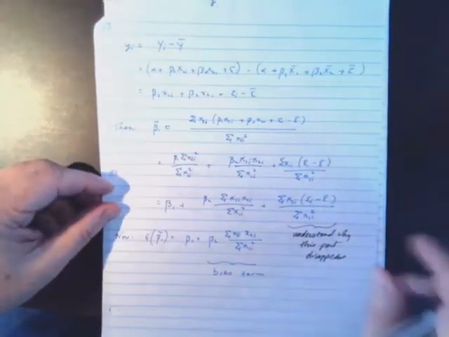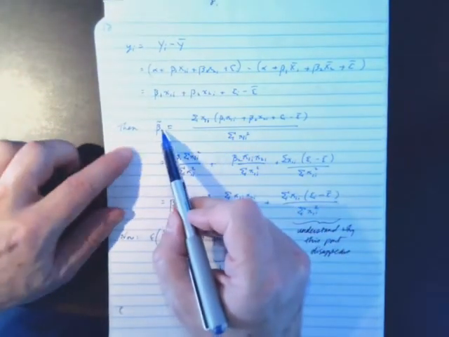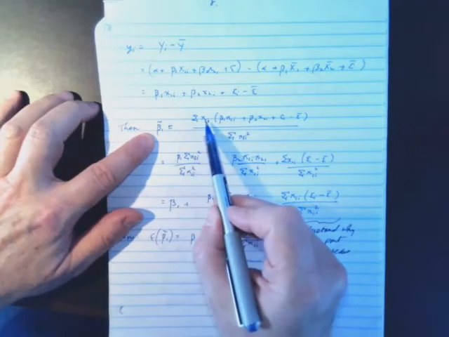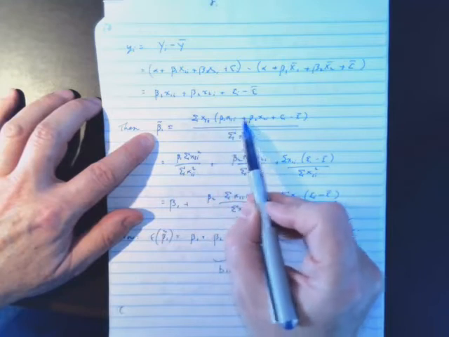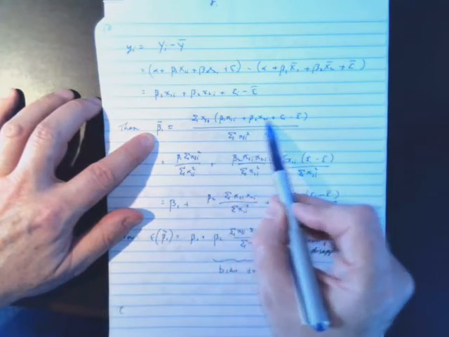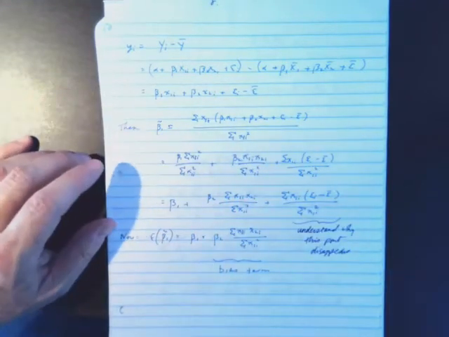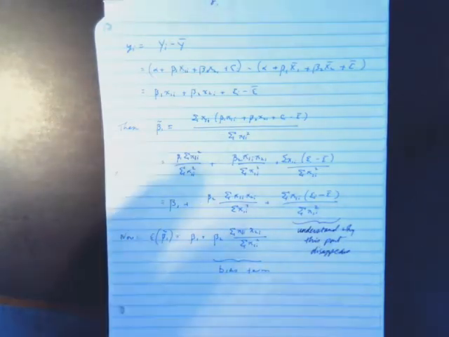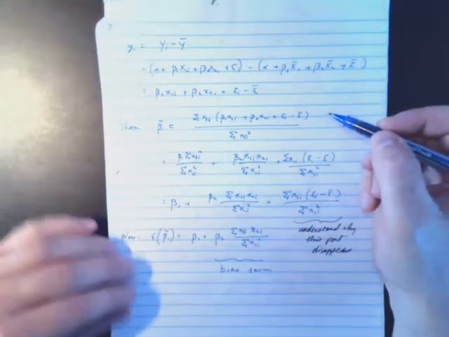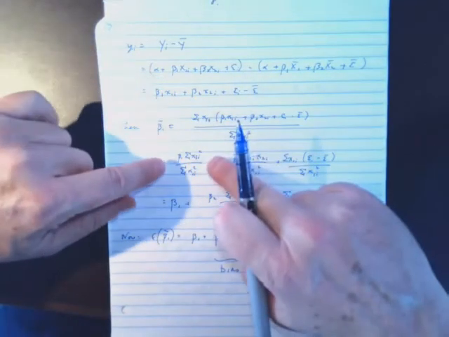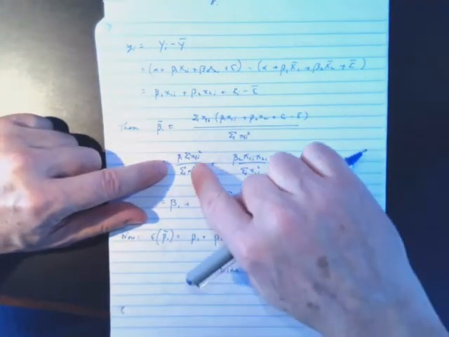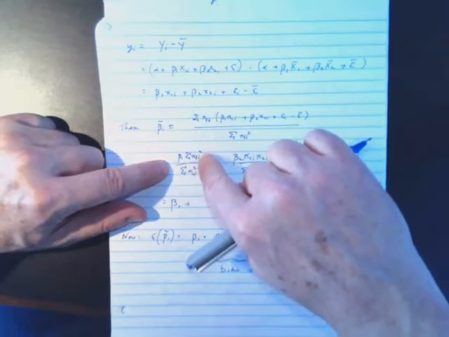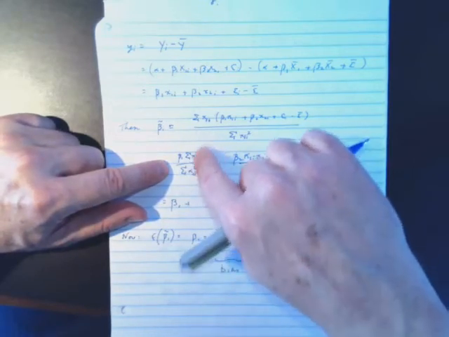So if you do that, then now beta 1 tilde is this expression, so that's little x times, well, it used to be little y, but now we've plugged in the regression equation from the true regression model, and then that splits up into a few different components. You've got beta 1 times the sum of x1 squared divided by the sum of x1 squared. So that's going to cancel out.